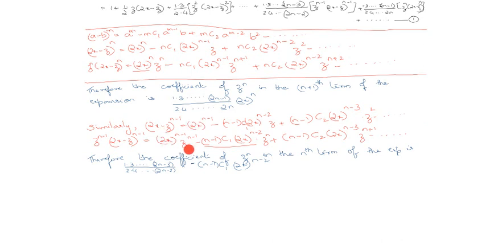Okay. Now, multiplying with z raised to n minus 1, we will be getting 2x raised to n minus 1 into z raised to n minus 1 minus n minus 1 c1 2x raised to n minus 2 z into z raised to n minus 1.